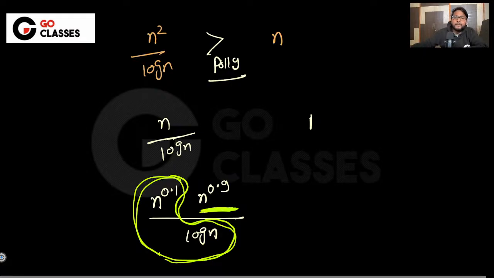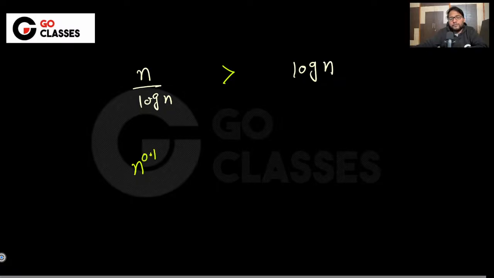Tell me, is this function n upon log n, and suppose this is log n, polynomially greater than this function? What do you think? See here, again this n is too powerful compared to log n.